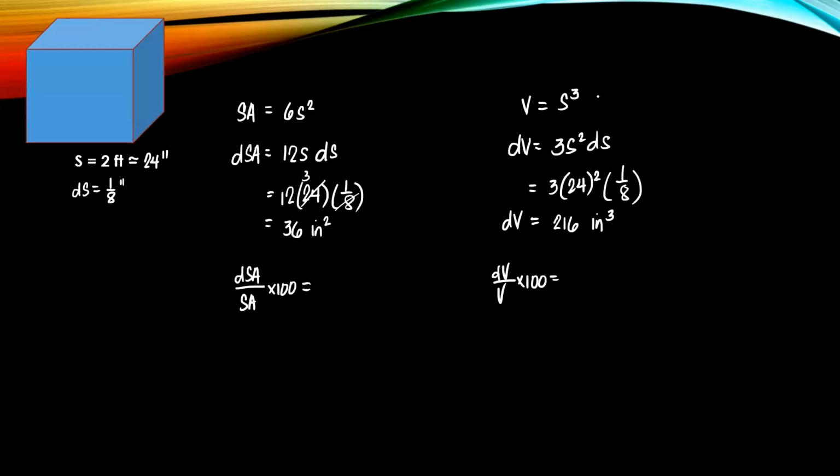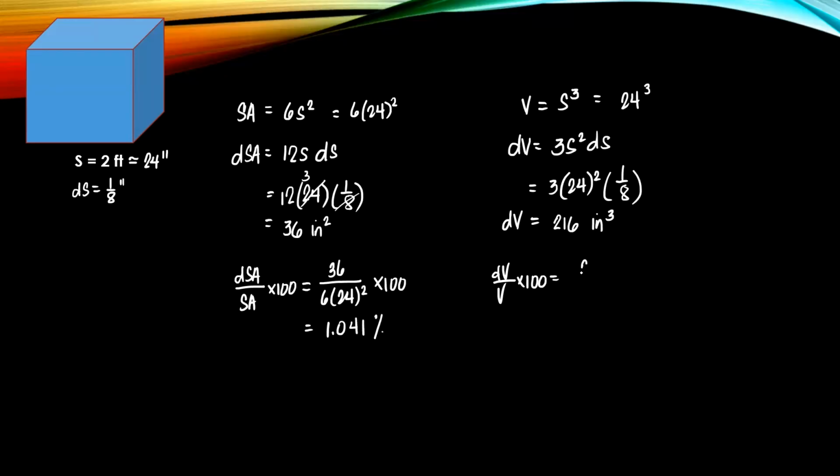Take note that the actual V is 24 cubed. This is 6 times 24 squared. 36 over 24 squared times 100 gives 1.041%.